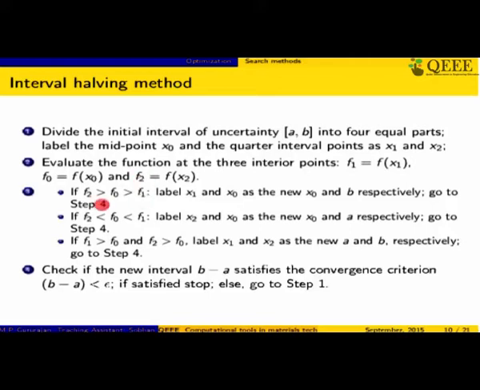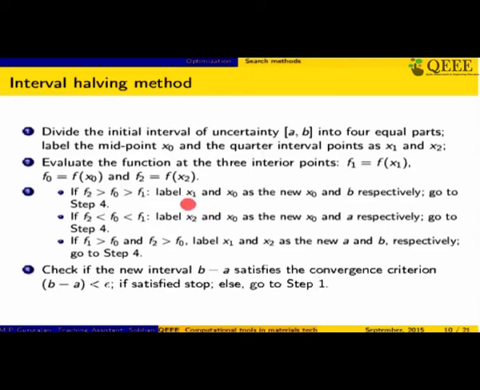You evaluate at the first quarter point, the half point and the 3/4 point, and call them f1, f0, f2. If f2 is greater than f0, which is greater than f1, so f1 at the first quarter point happens to be the smallest, then the midpoint is higher, and the third point is still higher. Since the function is unimodal and has only one minimum, we know the interval where the minimum is going to be.